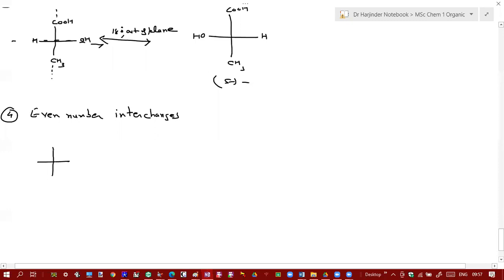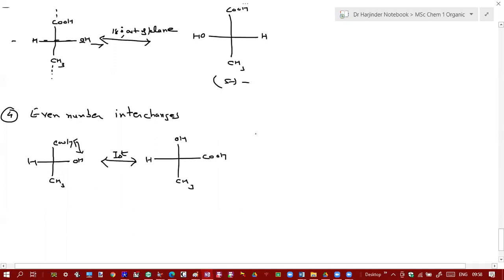Suppose I first interchange this carboxyl group and OH group. That is your first interchange. So OH will go over here and carboxyl group over here. Methyl will be here and hydrogen will be here.